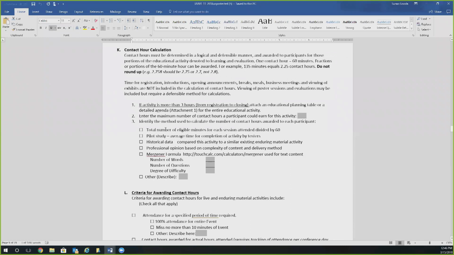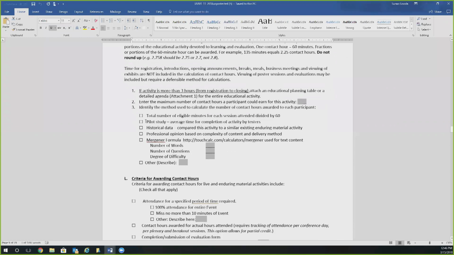Moving forward, if you're doing something on the web, you may have to do a pilot study to see how long it takes some sample learners to get through it. You may have some historical data, and this is mostly enduring type materials, about how long it takes people to complete a session.